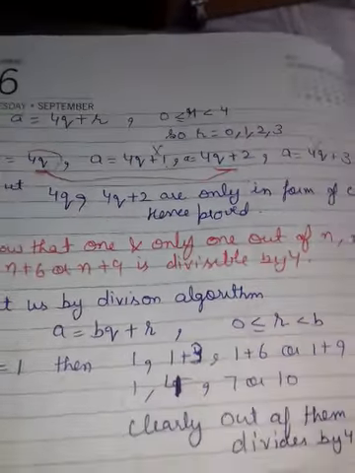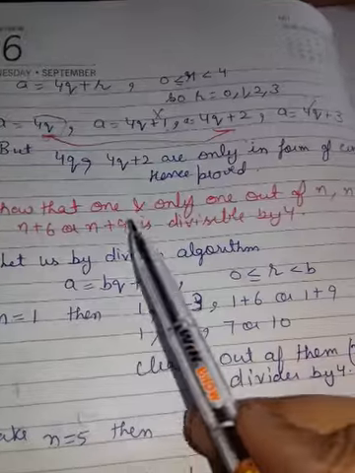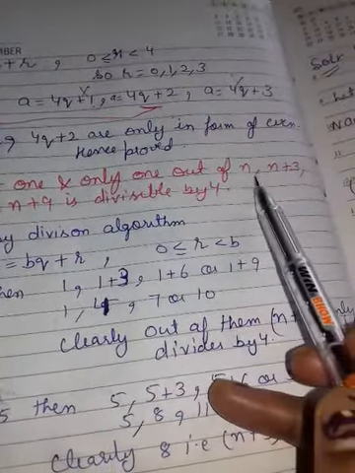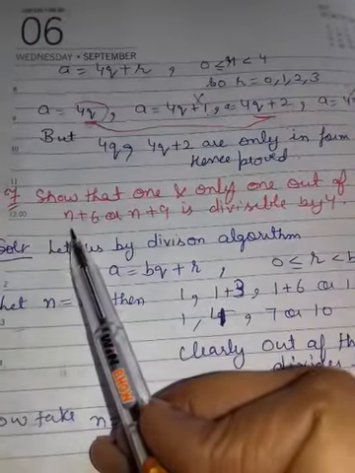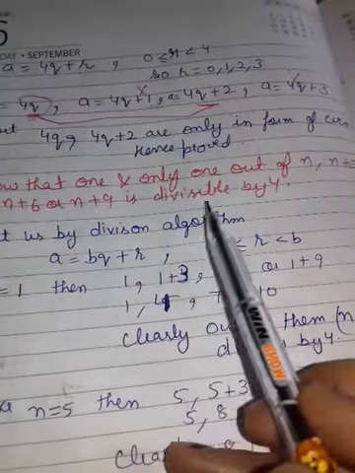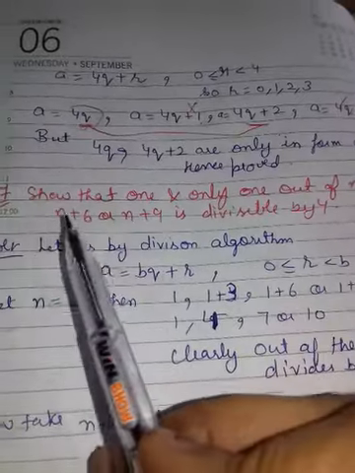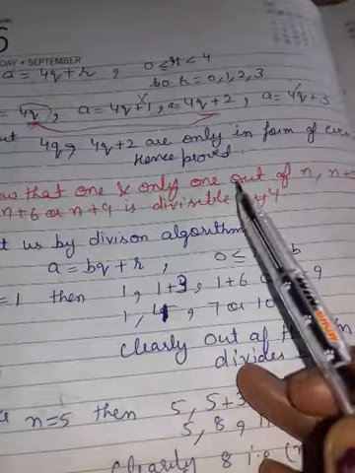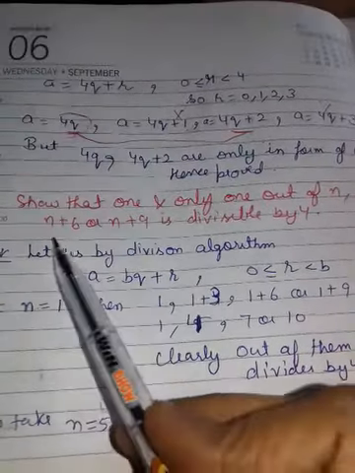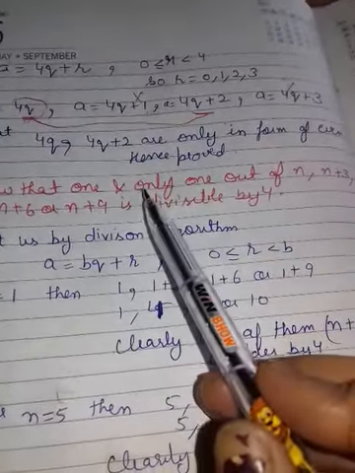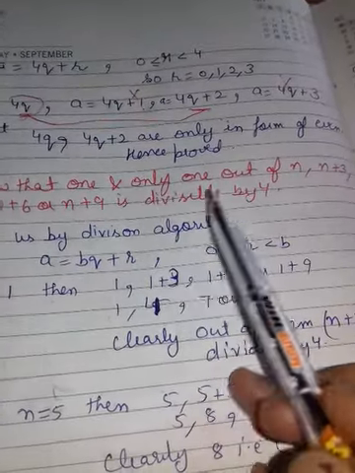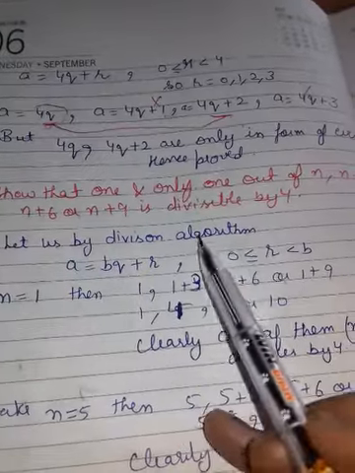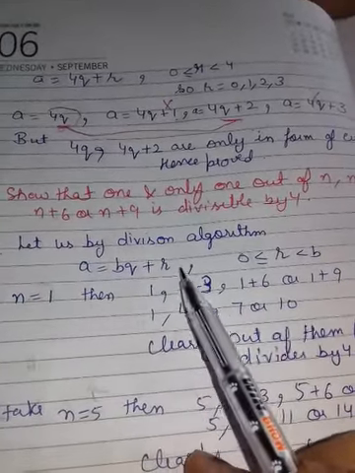Clear? Next question is, show that one and only one out of the numbers n plus 3, n plus 6 and n plus 9 is divisible by 4. What the question means is that you have to show that only one of the given numbers is divisible by 4. So by the division algorithm, you know a is equal to bq plus r.